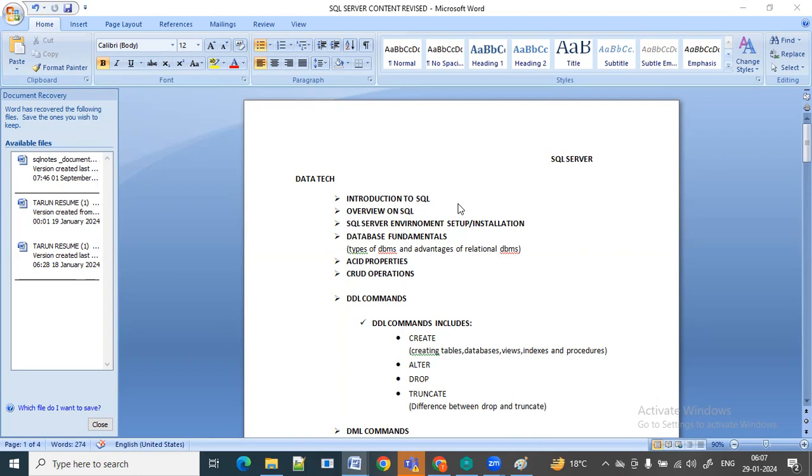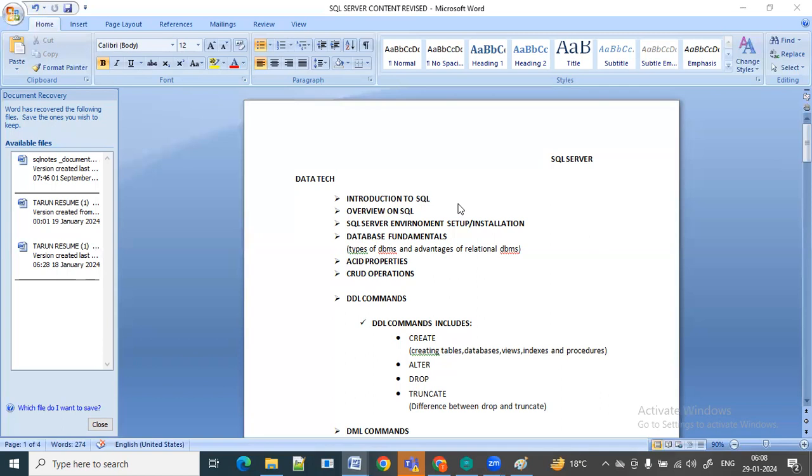Now, database fundamentals. This is a separate concept from SQL, which means, see, if you want to learn about databases, we have to know what the different types of databases are, and among them, which are the main important databases we are using right now.